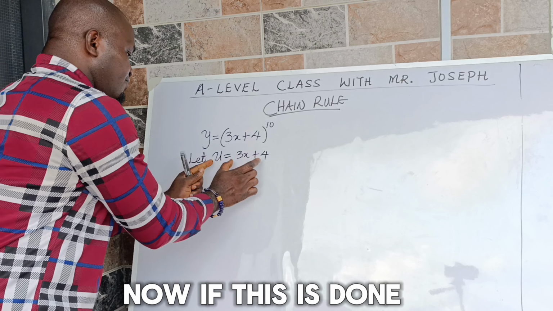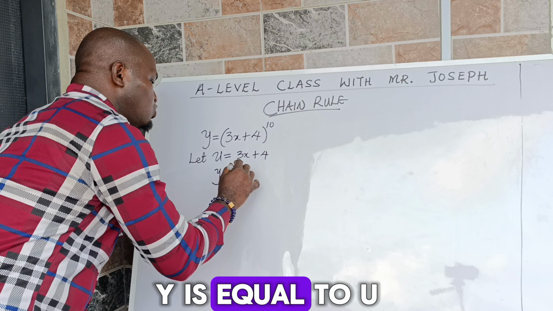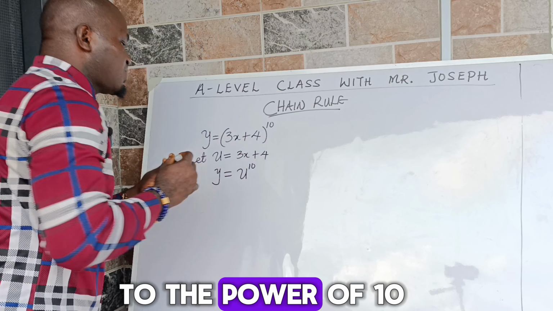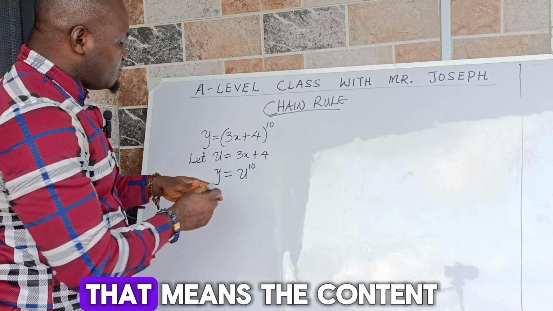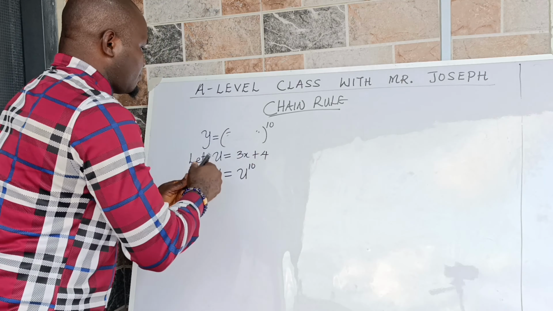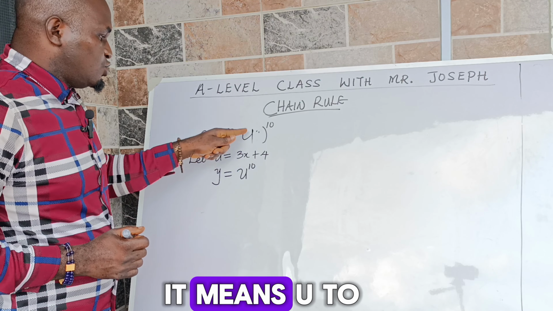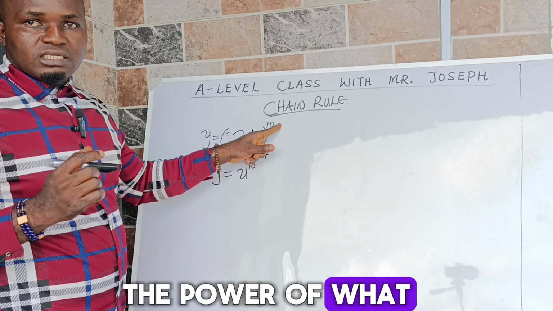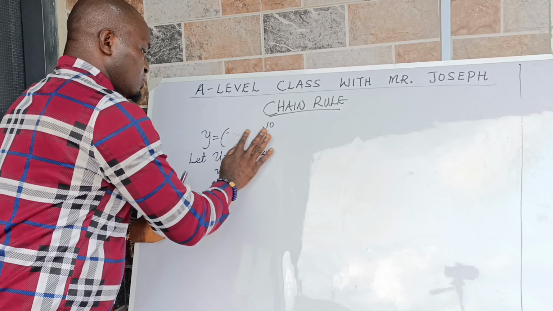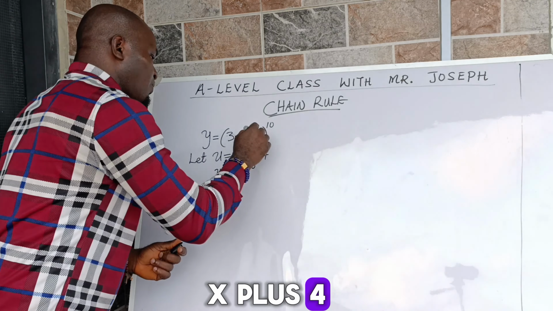Now, if this is done, we can now say that y is equal to u to the power of 10. So if the content is u, it means u to the power of 10. Remember what we have here is 3x plus 4.